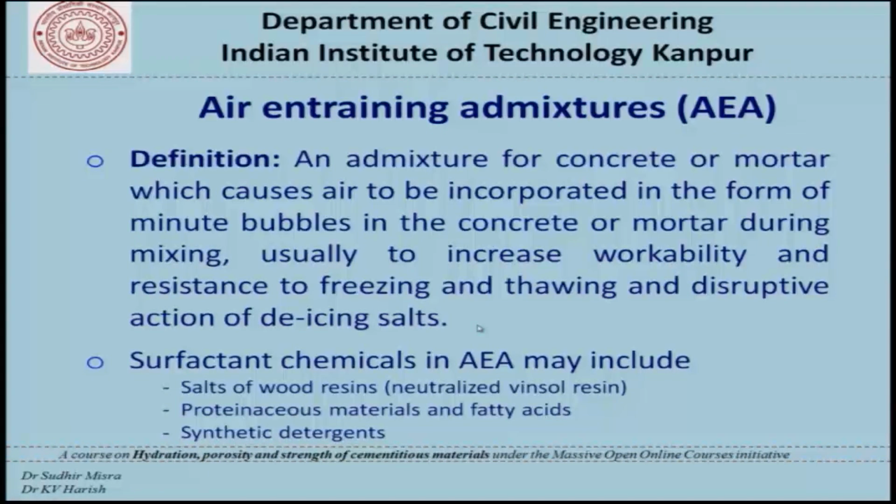The second important chemical admixture that we will see in this lecture is air entraining agents or air entraining admixtures. The definition of air entraining admixture as per IS 9103 is as follows.